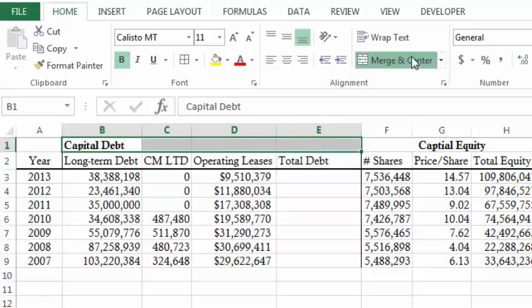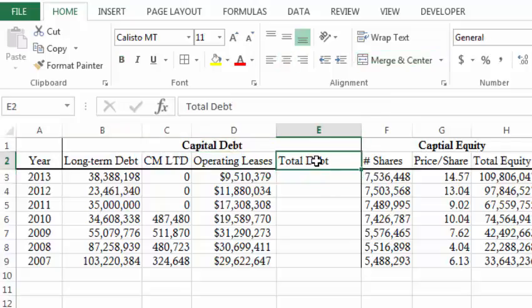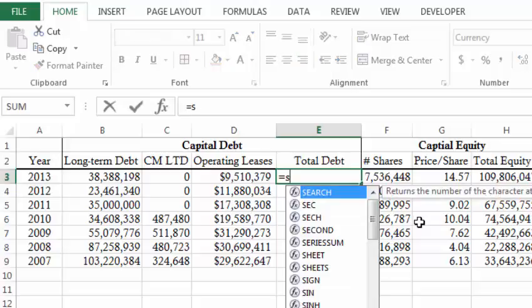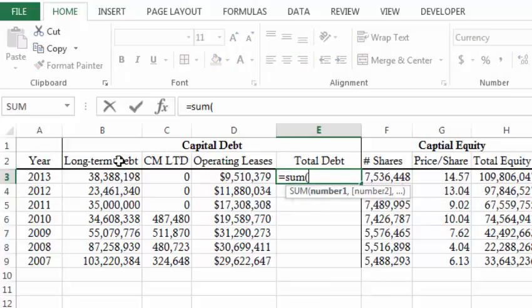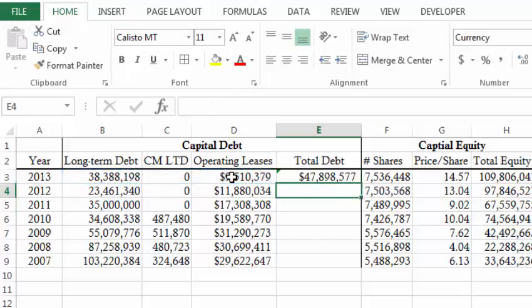And again, remerging, and then probably center that one, and then say equals sum. And we're going to sum those three. It's probably going to give me a nice little green thing up here, which means you forgot one. Yeah, I forgot the year on purpose, trust me.